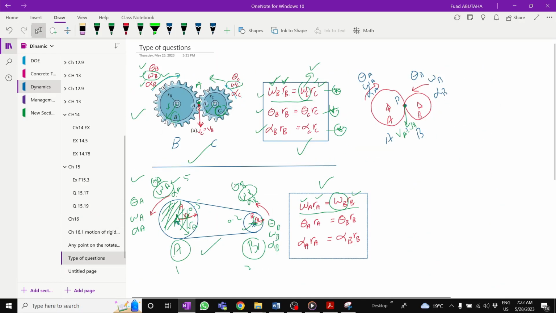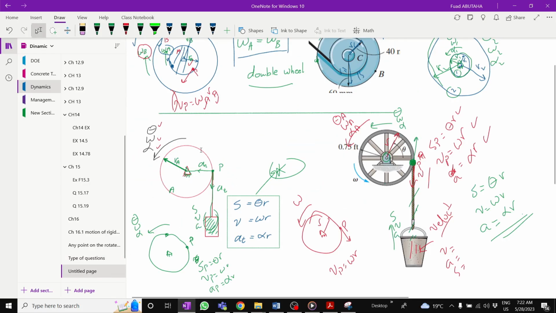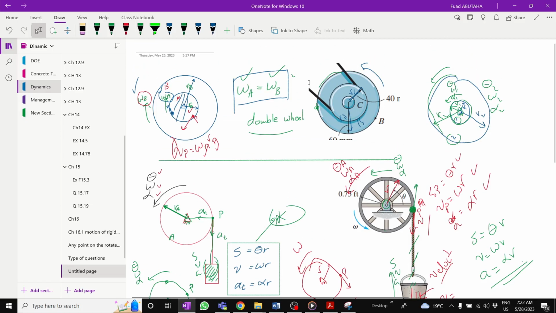The first one, he might give you two disks that are connected together at this point, so you need to apply this equation. Or two disks connected with wires, which will be the same as this one. Or he gives you two disks connected together with the same fixed point here.